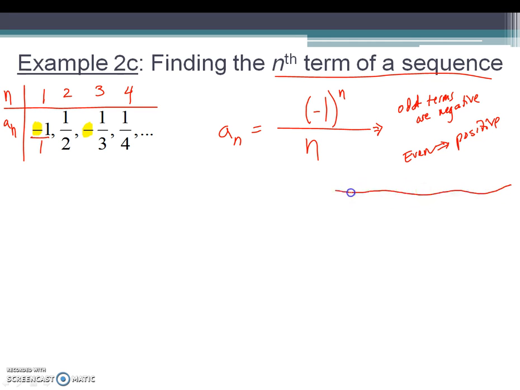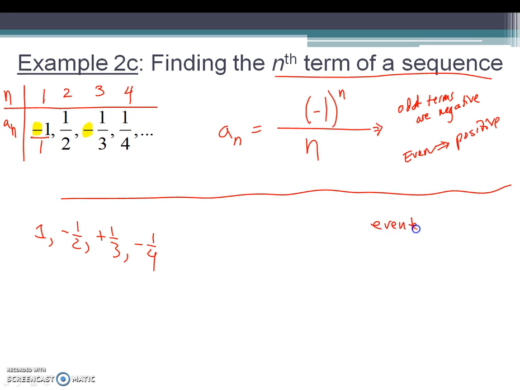So just for fun, what would happen if I change this to +1, -1/2, +1/3, -1/4? Just throwing this one out there. So somehow you would need to make the even terms the negative ones. Well, one slick way to do that is to take this sequence and modify it just ever so slightly. There's two ways you could achieve this.